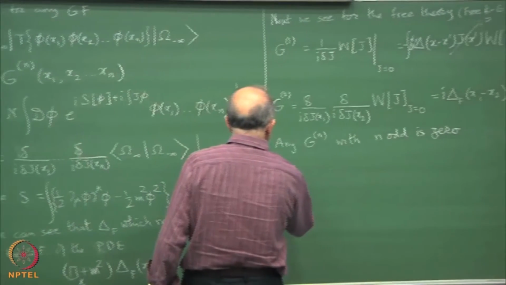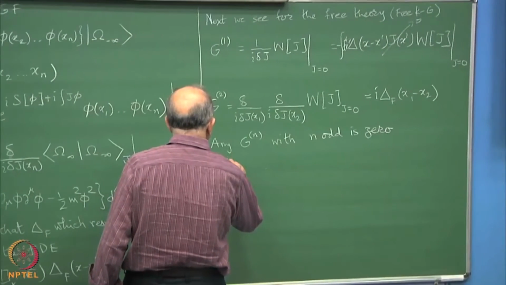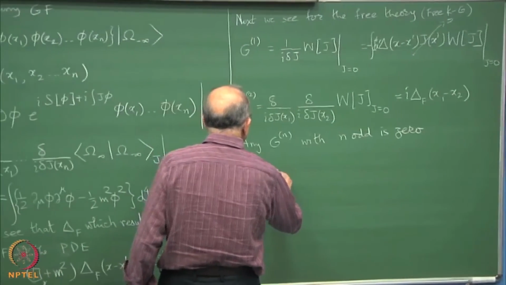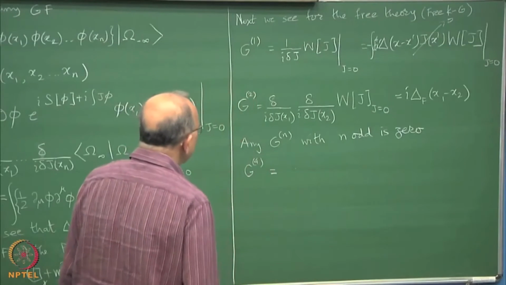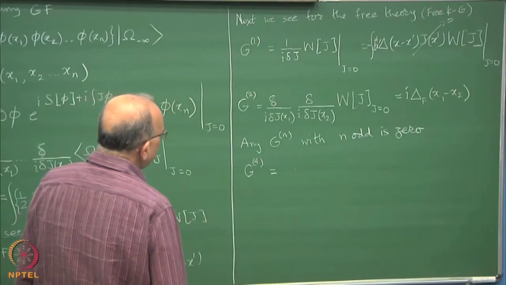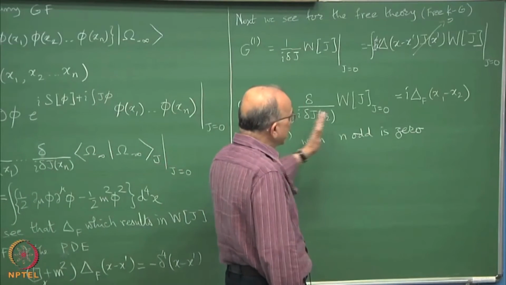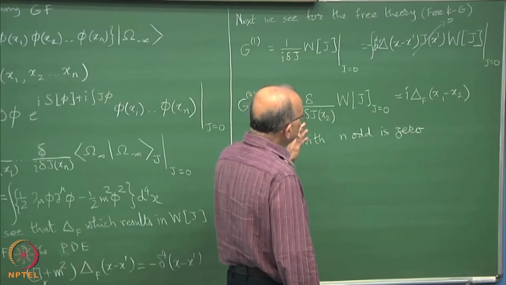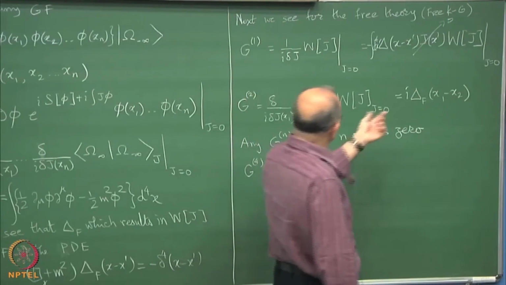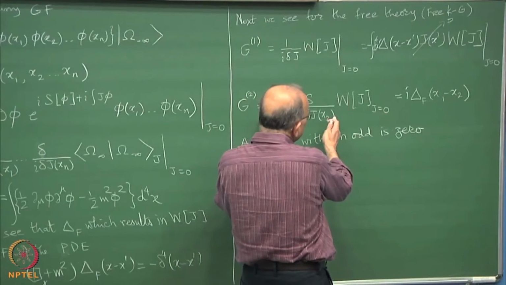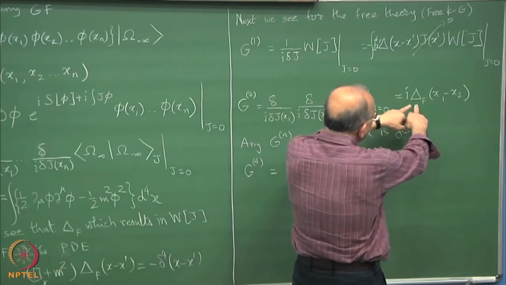So G4 then is going to be, you can see actually what happens if I vary 4 times. The point is that when I vary with the first 2 of the arguments, I will get a delta F down.